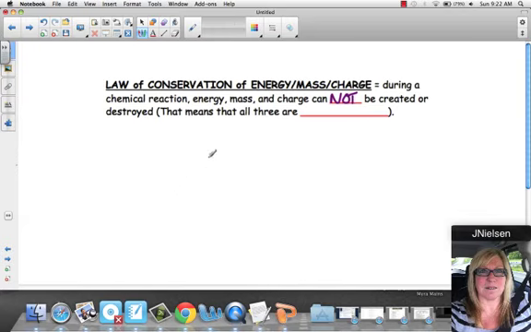Energy can be transferred from one substance to another. Electrons can be gained or lost, but the total amount of energy, mass, and charge of what I start with and what I finish with must be the same. That means that all three are conserved. And this is really important for you to understand.